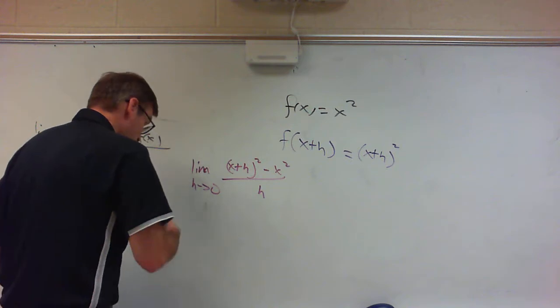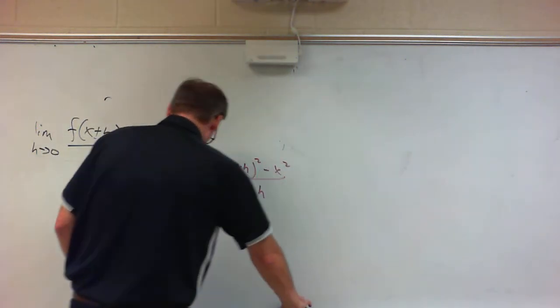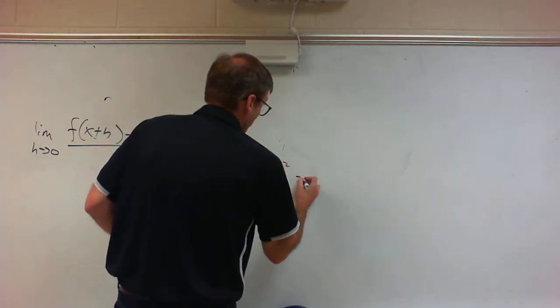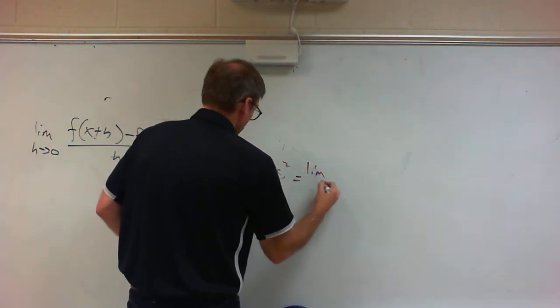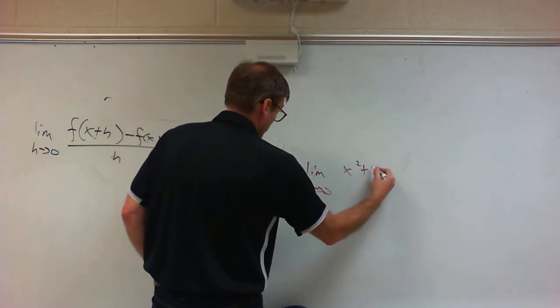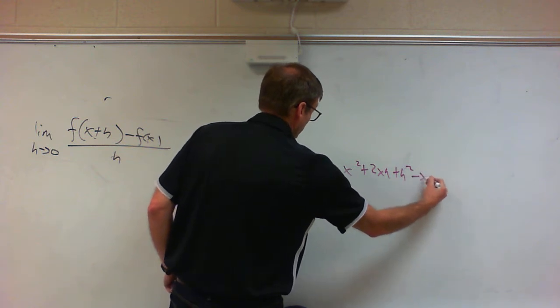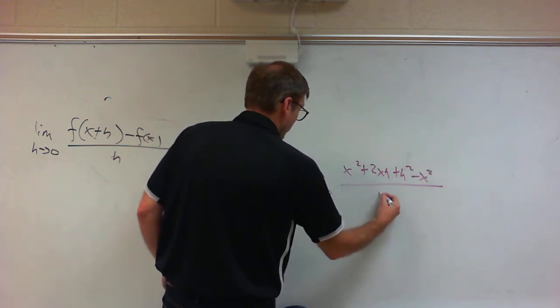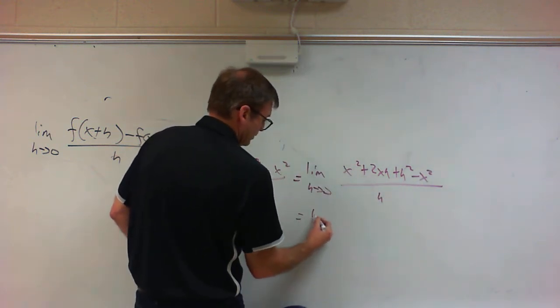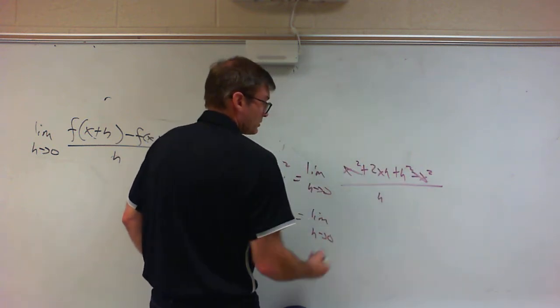So here's how I want to finish this. I end up with the limit as h goes to 0. I have to multiply that out, so I get x squared plus 2xh plus h squared minus x squared, all over h. And that's going to give me the limit as h goes to 0. The x squareds cancel out.